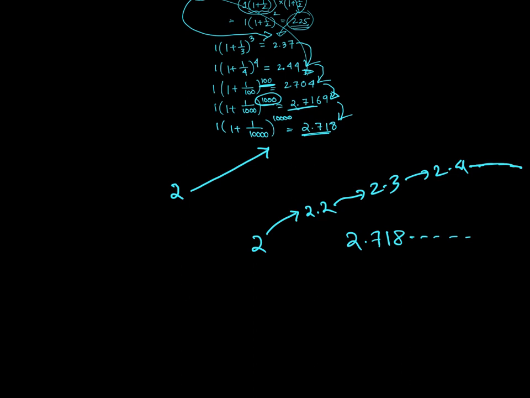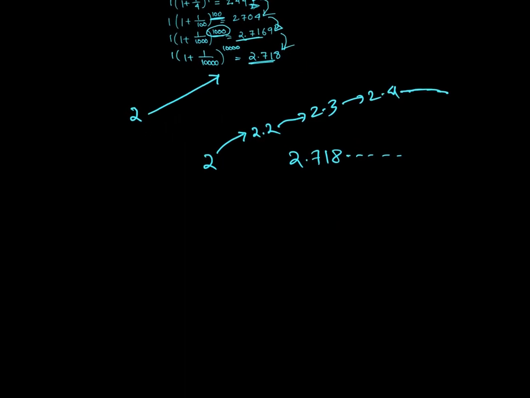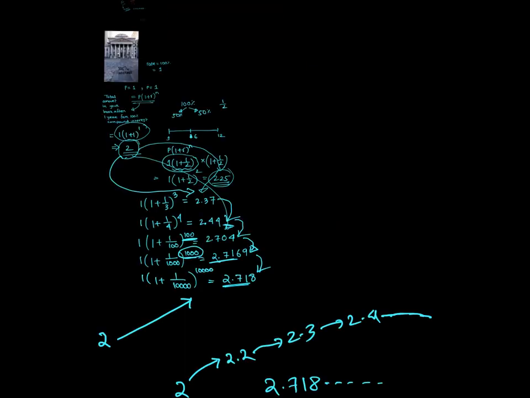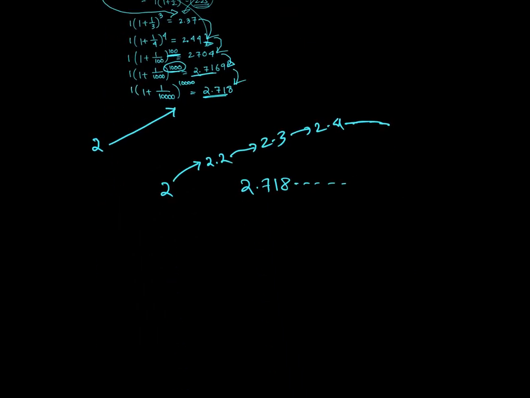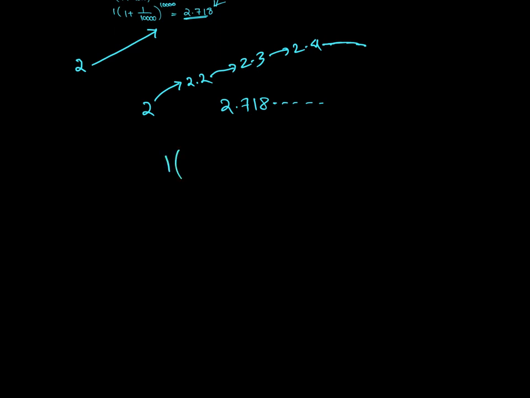So if you do this calculation with a larger value, let's say instead of doing it with 10,000, you did it with 1 into 1 plus 1 by a lot of zeros. Let me just put 6 zeros here, right? So again, you put the power as 6 zeros.